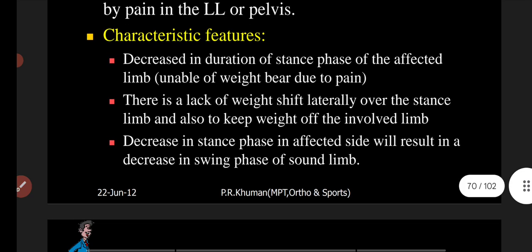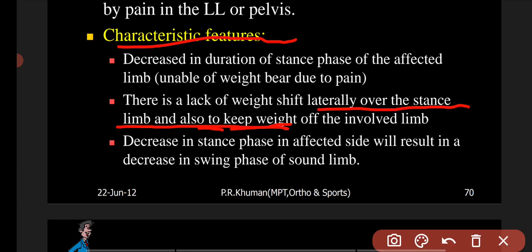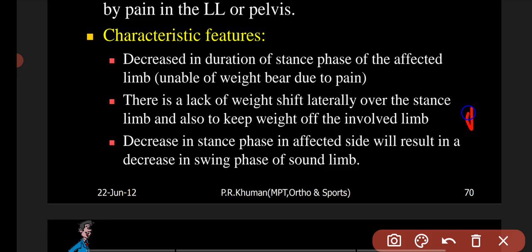Next one is a lack of weight shifting. This is right leg, this is left leg. Okay. In a normal walking pattern, you will see weight shifting when you are walking, towards the right or towards the left.